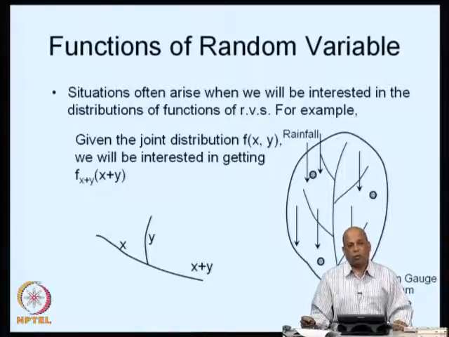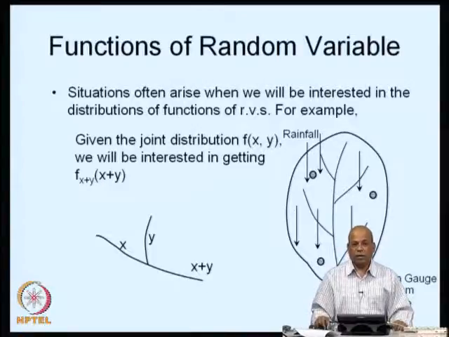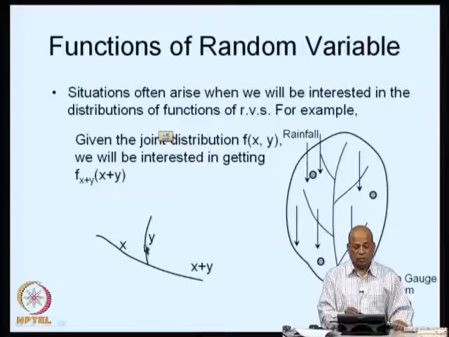Now, we will go on to determining the distributions of functions of random variables. These situations arise quite often in hydrology. Let us say there is a stream here and there is another stream here.